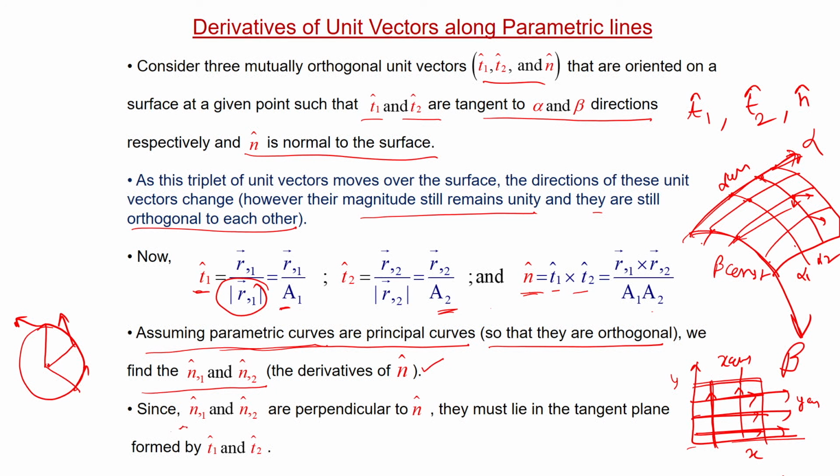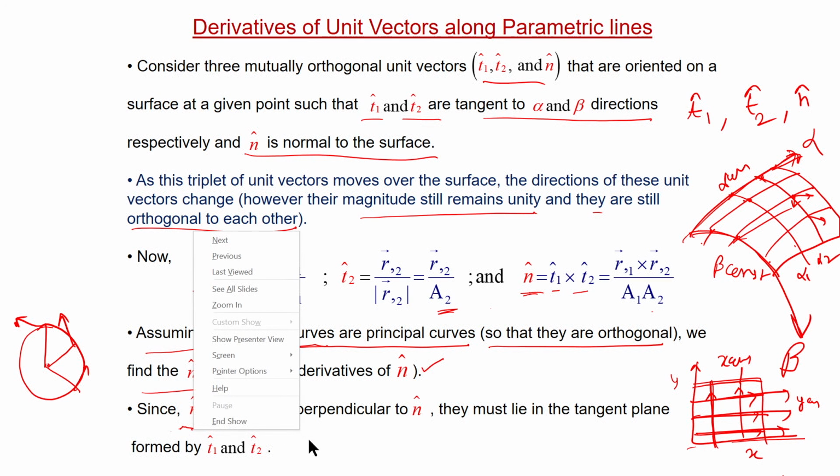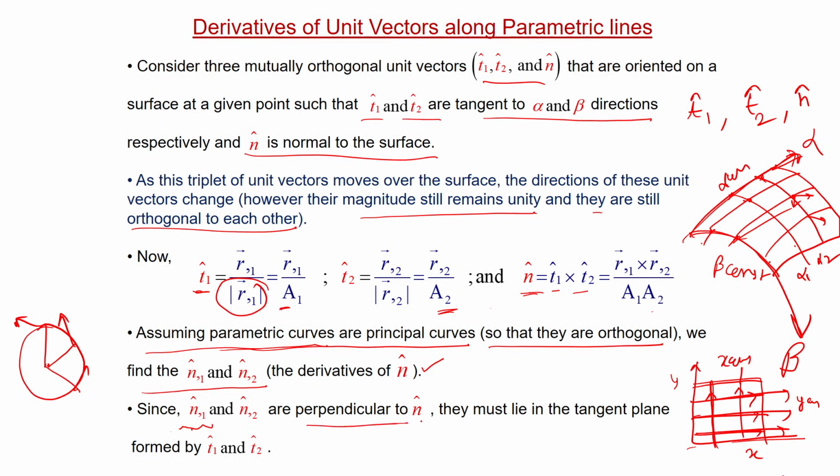Since n comma 1 and n hat comma 2 are perpendicular to n hat, they must lie in the tangent plane formed by T1 and T2. So this is a very important point: n hat derivative 1 and n hat derivative 2 are perpendicular to n, and they lie in the tangent plane of T1 and T2.